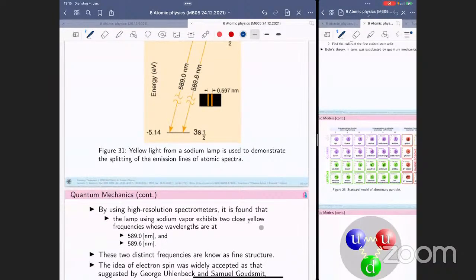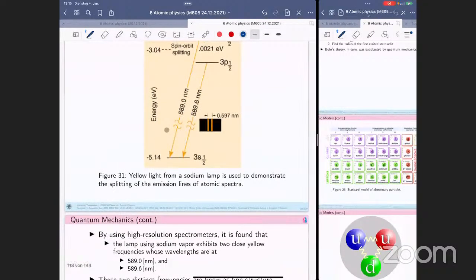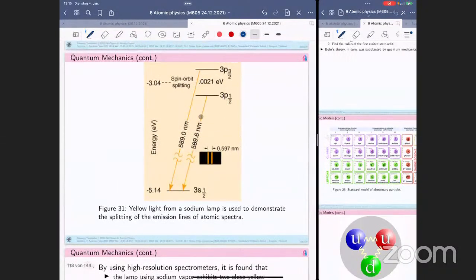exhibits two close yellow frequencies, this one. The two yellow frequencies are different by 589.0 and 589.6 nanometer. So the difference in wavelength is only 0.6 nanometer, but they are different.